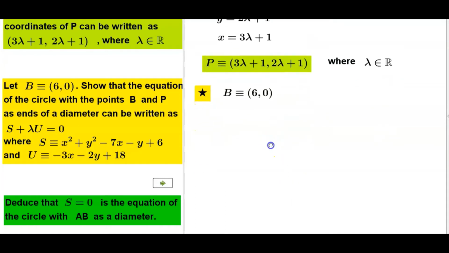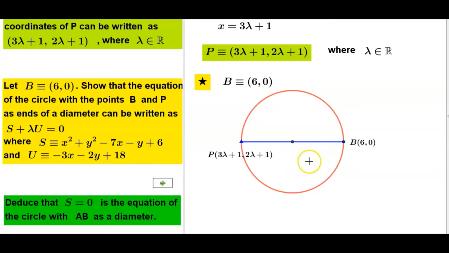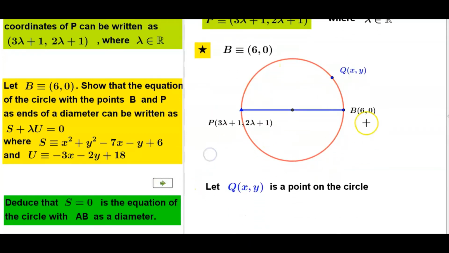Therefore, we draw a similar diagram with the two points: P (3 lambda plus 1, 2 lambda plus 1) and B (6, 0). This is the circle, as PB is a diameter. Now we want to find the equation of this circle. How do we find it?